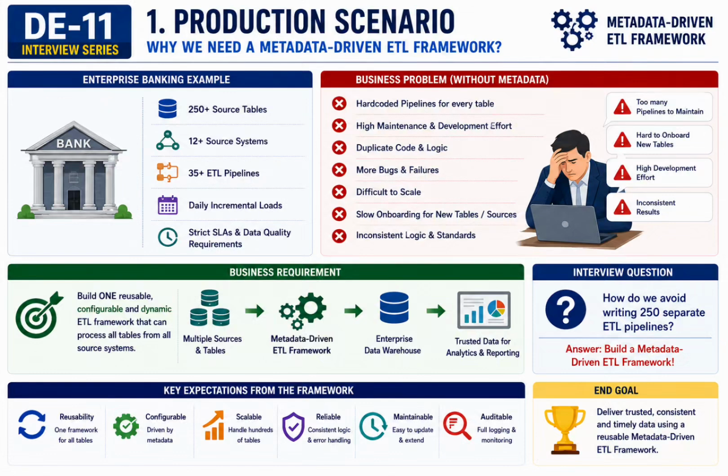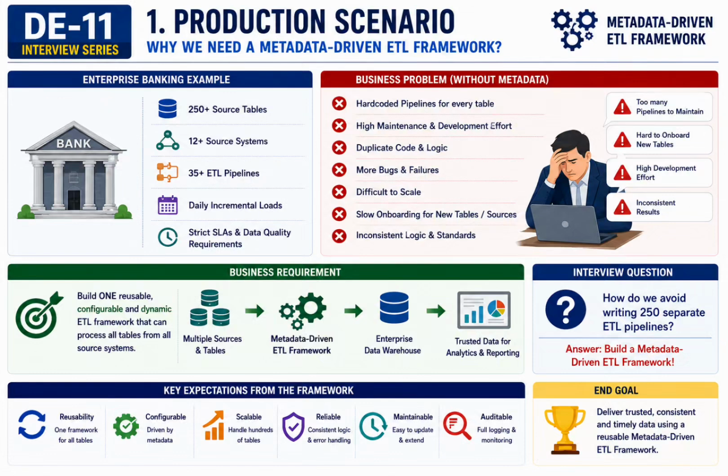Now imagine building a separate ETL pipeline for every table. For 250 tables, we need to add 250 pipelines. Each pipeline would contain similar logic for extracting data, validating it, transforming it, loading it, auditing it, and handling errors.